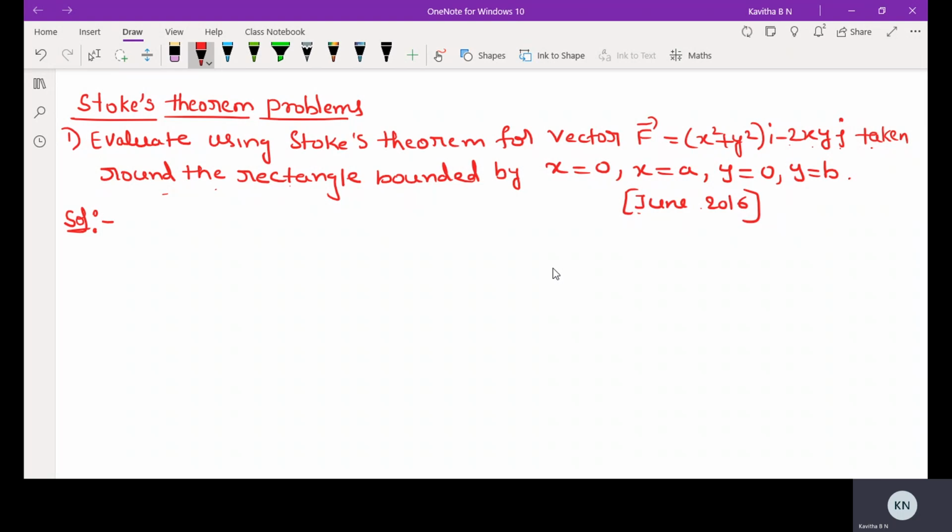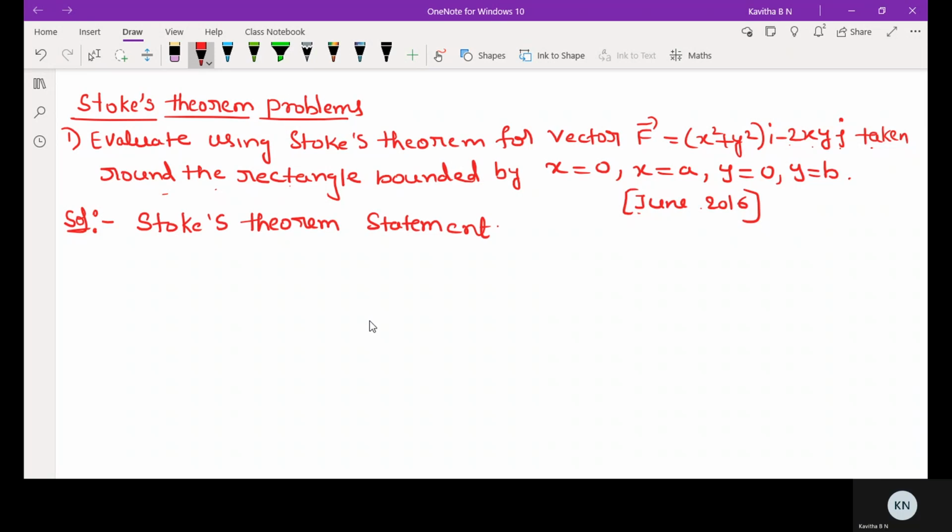Then write the solution. First, we have to write the Stokes theorem statement.